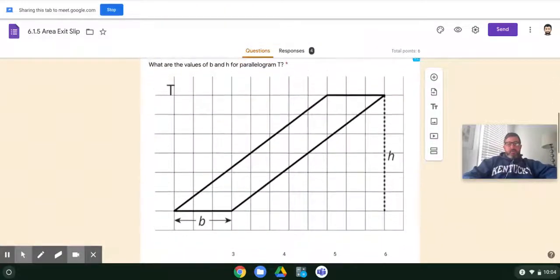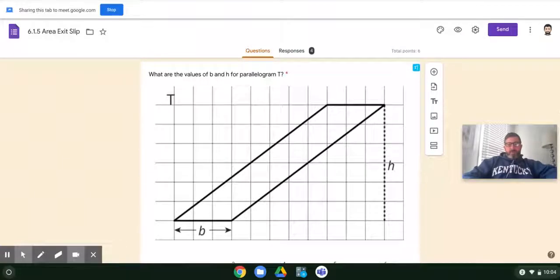What about for this one? What's the base? Four.